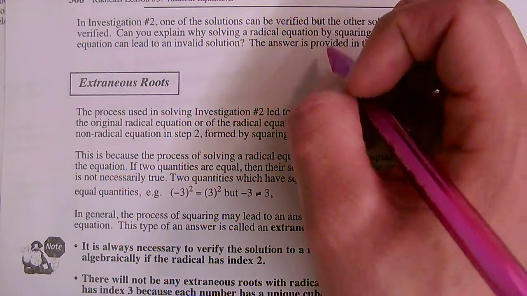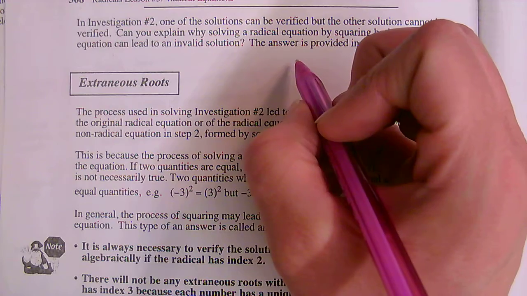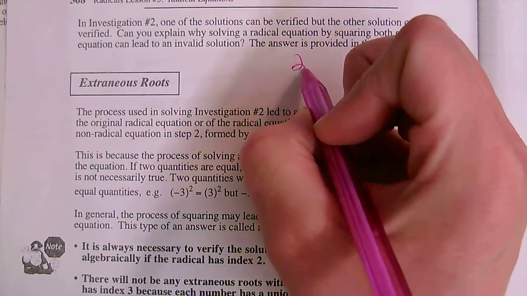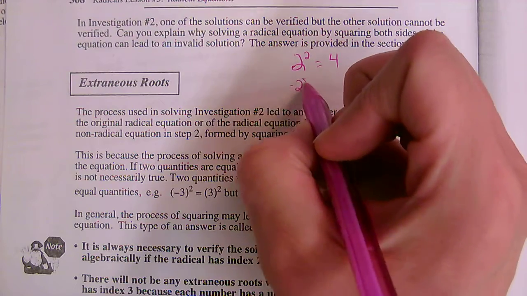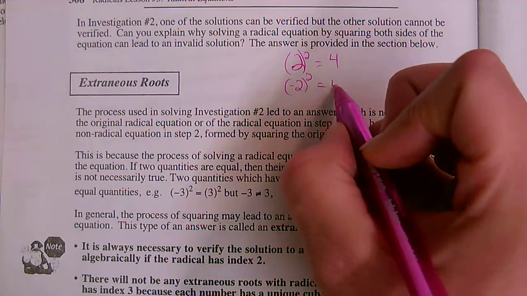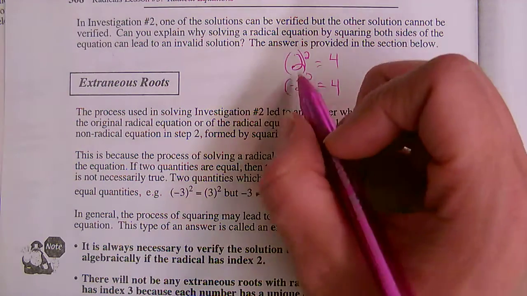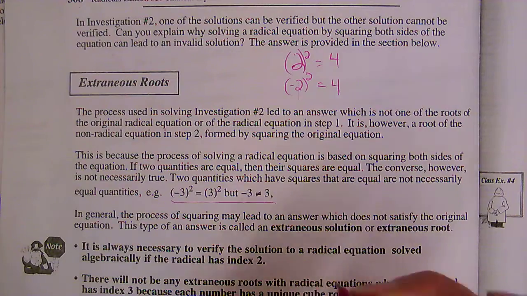And if you remember, when we square something, technically 2 squared is equal to 4. Negative 2 squared is also equal to 4. So that's where we've got a bit of a discrepancy, which is what it explains right here.